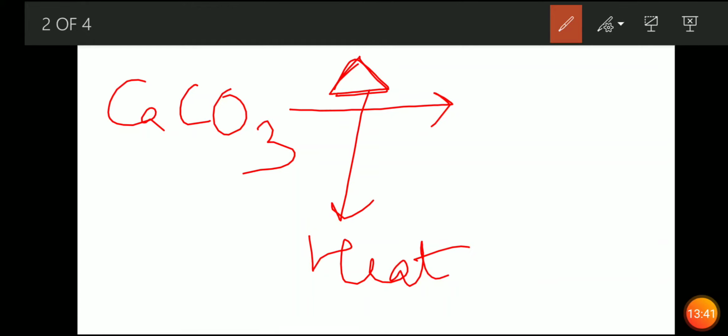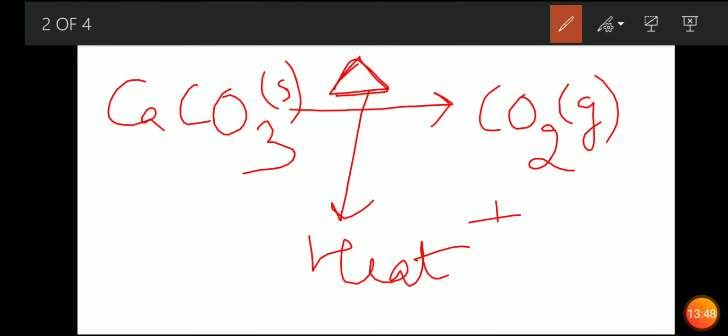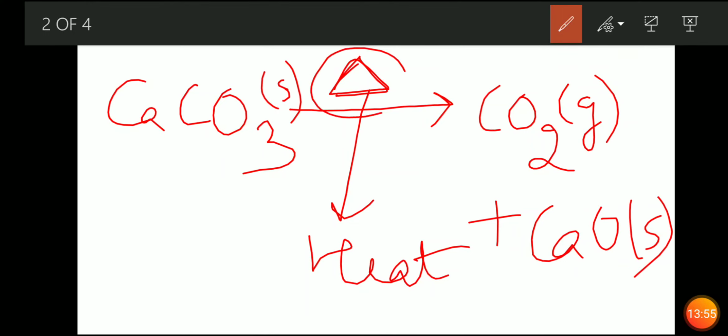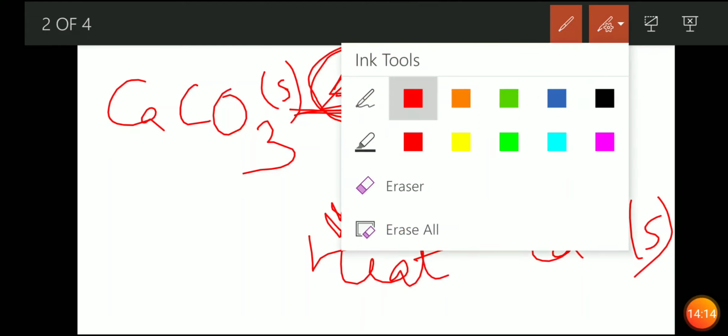So you will get, this is your solid state, this is your carbon dioxide gas plus CaO, calcium oxide in solid state. Whenever we denote this triangle, it means heat is being given to the system. Clear? On the arrow, this indicates a change, so you write a triangle over there. It means we are using heat to do the reaction.